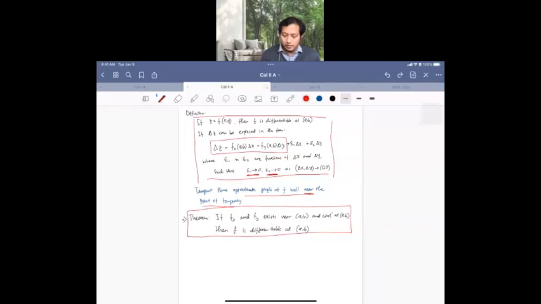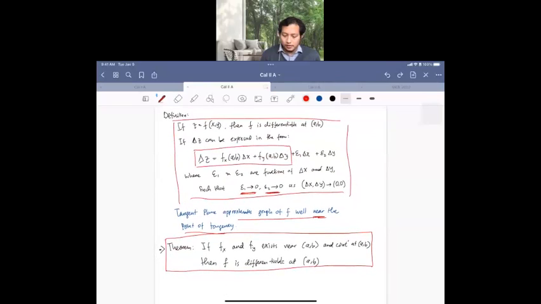Okay. From this delta z, we are going to use the definition in differential.